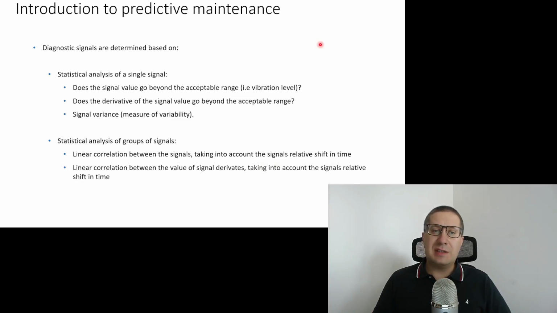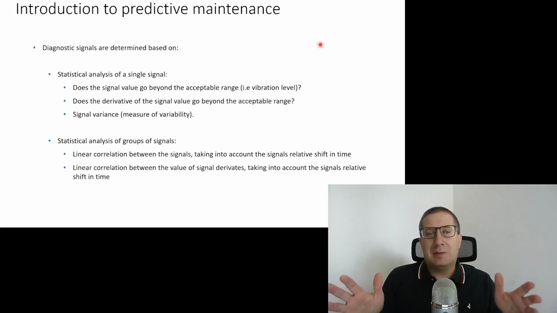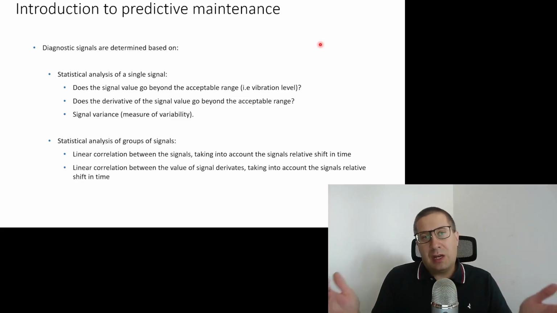Those diagnostic signals can be based on the analysis of a single signal. So we can check if the signal value goes beyond the acceptable range, if it's higher than the maximum limit or lower than the minimum limit.